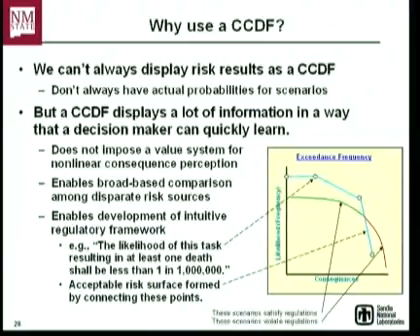Anything that falls outside of that risk acceptance surface is not approved. It provides a very easy way for the regulators to think about the problem and for the risk assessment team to communicate back and establish whether or not they are complying with the risk regulations.